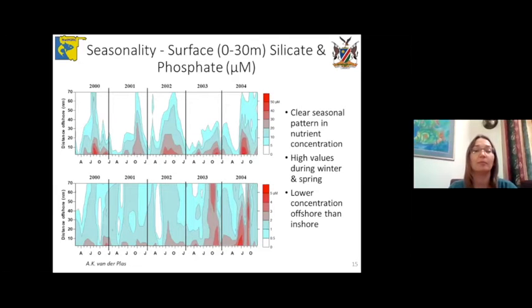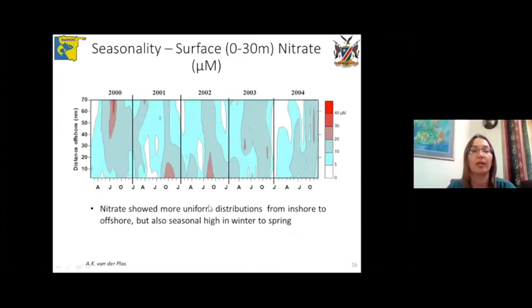So just briefly looking at surface nutrient concentrations, on the top here we have silicate versus phosphate, and we see that there is a clear seasonal pattern in nutrient concentrations, with high values during winter to spring and lower concentrations offshore versus the inshore area.